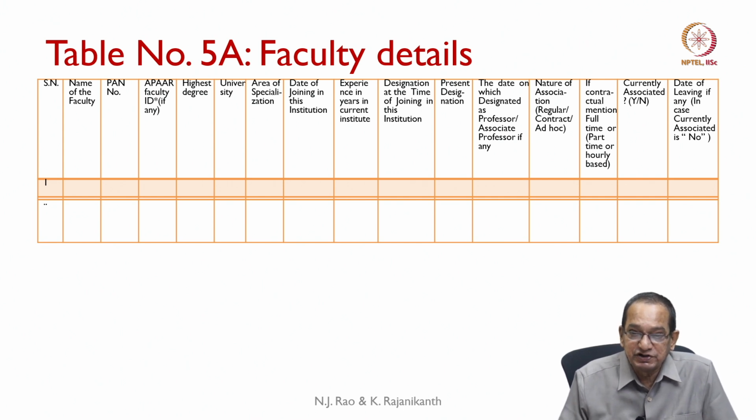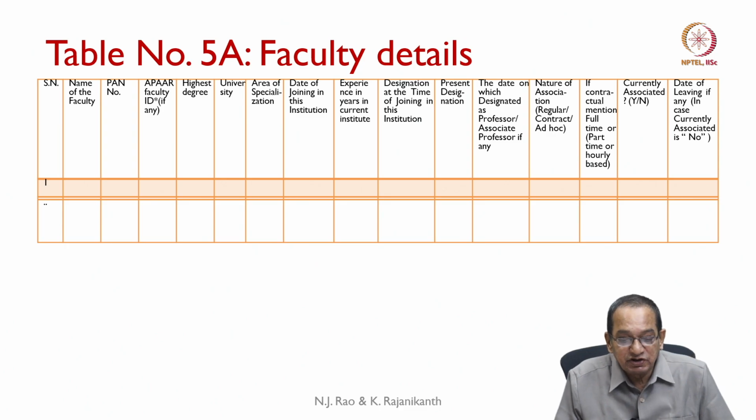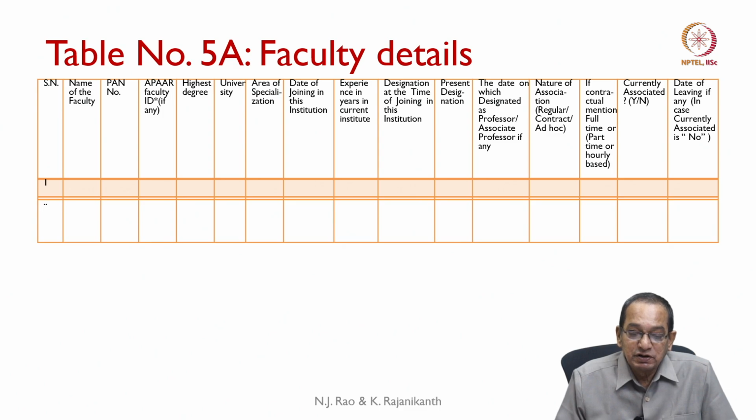It is an initiative of the government, Ministry of Education, to have greater transparency with respect to the faculty. Then the highest degree and the university from which it was obtained, area of specialization, date of joining the institute. That is very important because it shows for how much period the faculty member is with the institute.